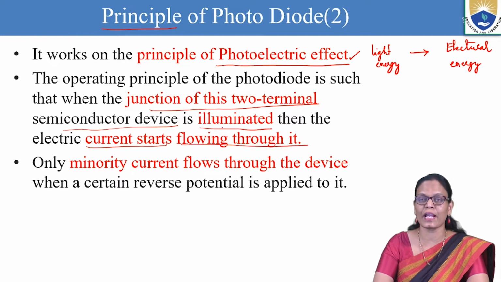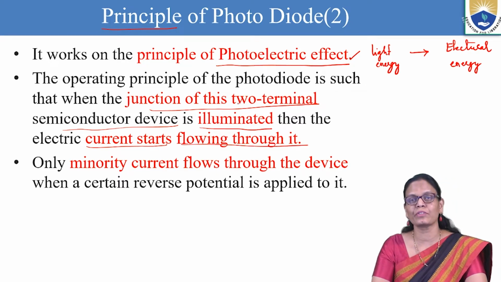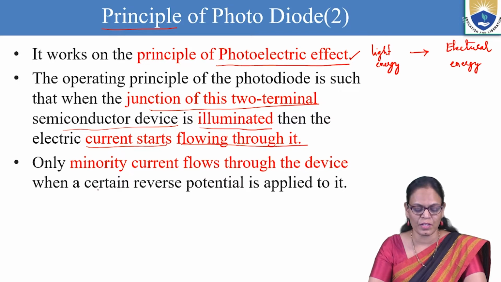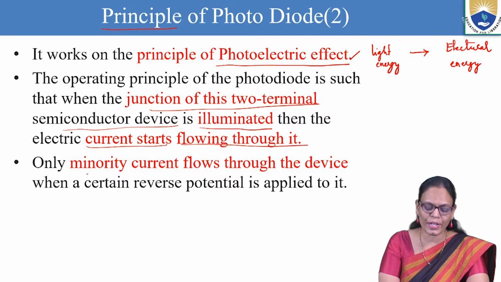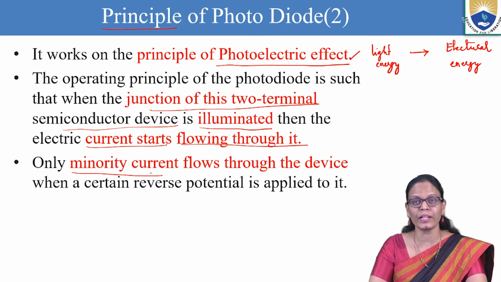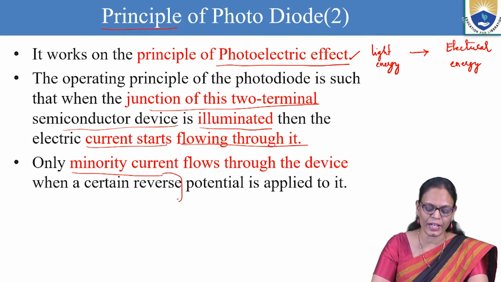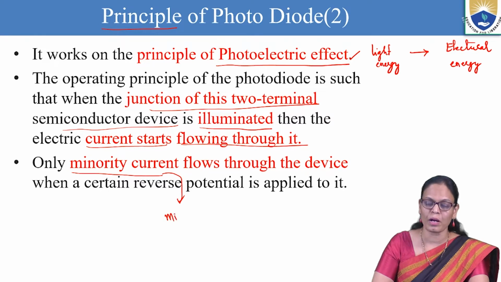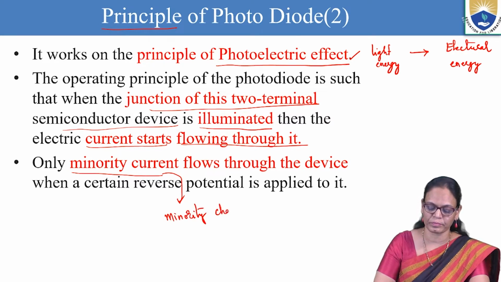That is why we say it is converted into electrical energy. And here only minority current flows. Minority current is always due to minority charge carriers.